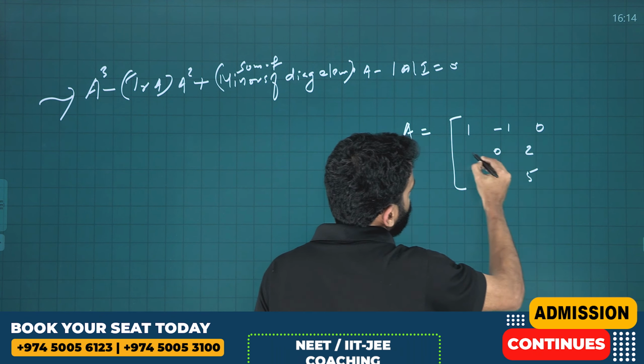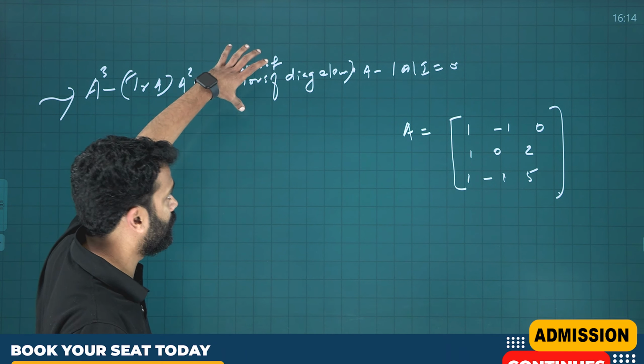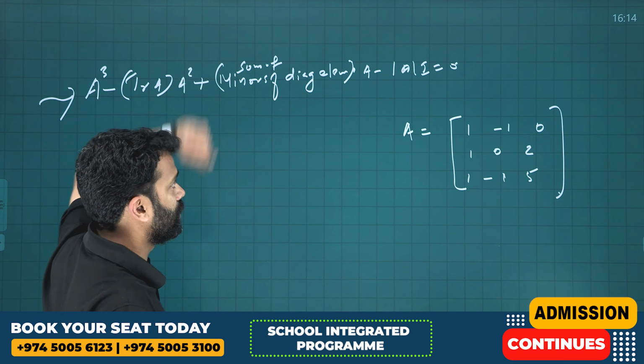So, how will you express this matrix in terms of Cayley-Hamilton theorem, or as a cubic polynomial of this matrix? That is, A cube minus, what is trace of A? 1 plus 0 plus 5 is 6, right? 6A square plus the sum of minors of diagonal elements, where the positions are 1,1, 2,2, 3,3. You just need to add M11, M22 and M33.